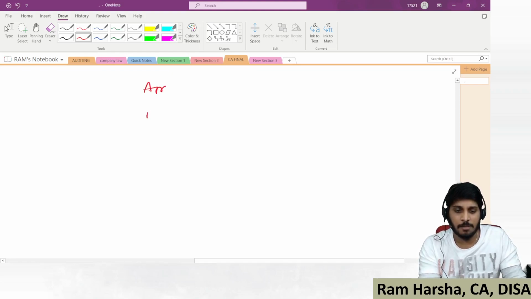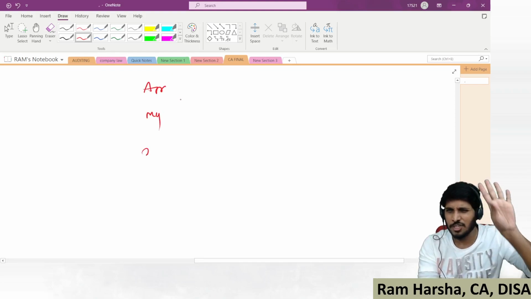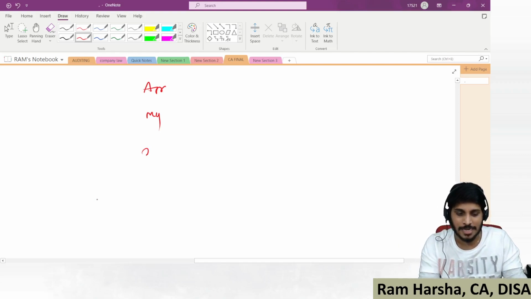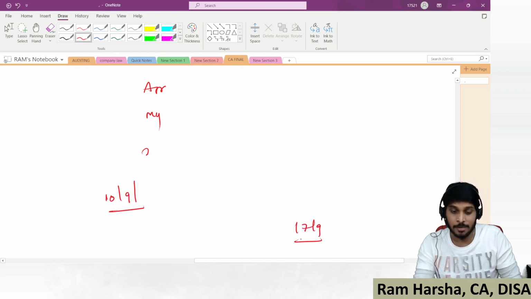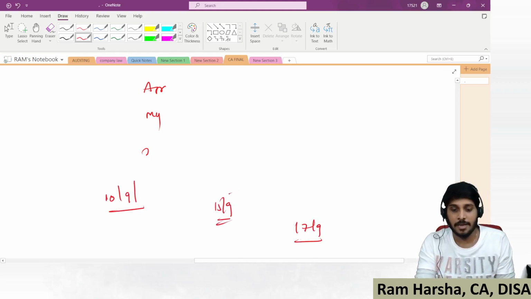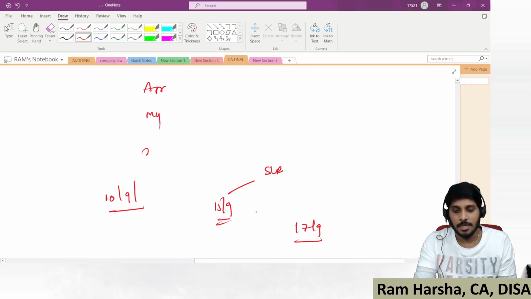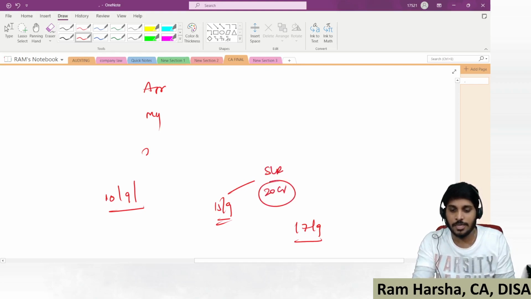In every month, April, May, June, he checks some date which is not Friday. Let us assume the bank first calculated on 10th September, and the second time it has to calculate is 17th September. What will the auditor do? Somewhere around 15th September he will check the SLR. As on 15th September, SLR is at 20 crore.